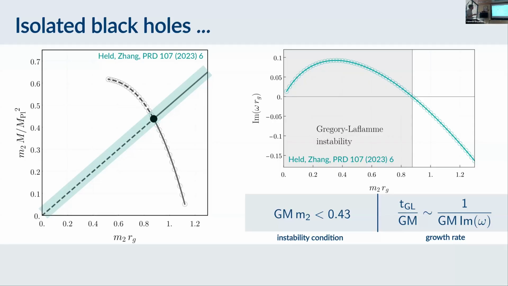Here you see that imaginary part as a function of the size of the black hole in appropriate units scaled by this M2. So this point is exactly this point. It's the branching point. And below the branch point, the Schwarzschild black hole is unstable. That result has been known before, and I'm sure Vito has worked on that.